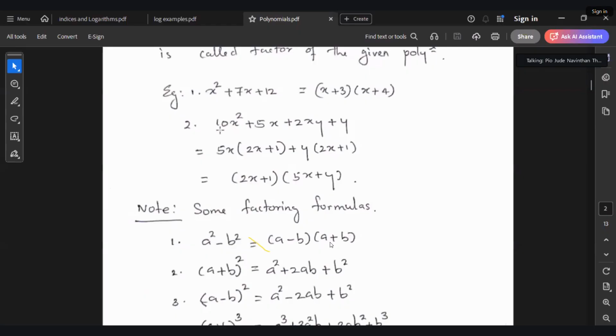So here 10x squared plus 5x. So 10 and 5, yeah, there is a common factor, 5, isn't it? Similarly, x squared is there, x is there. So we can take x also. So if you take 5x as the common factor, we can take it out.